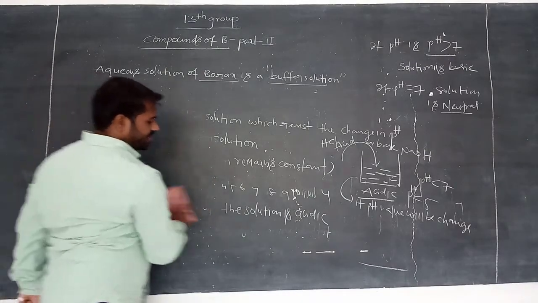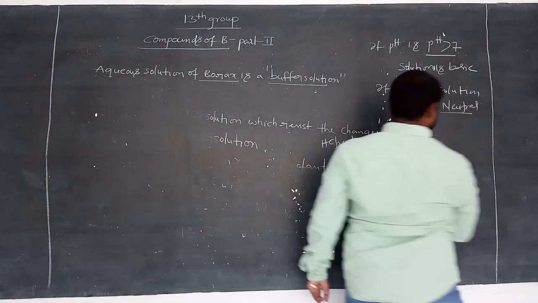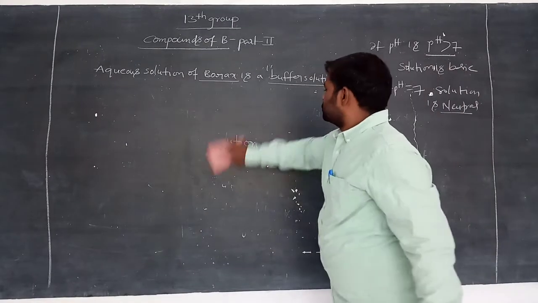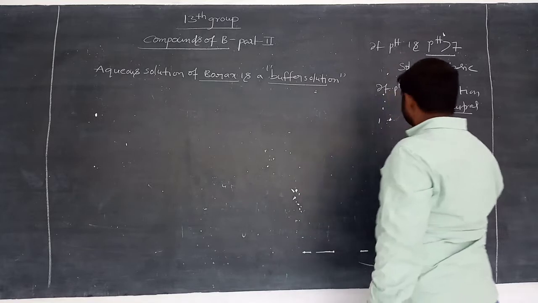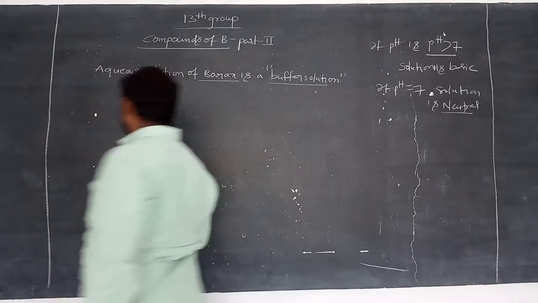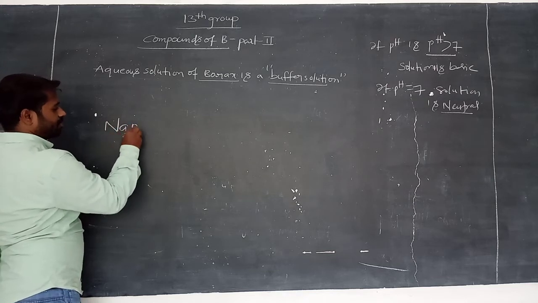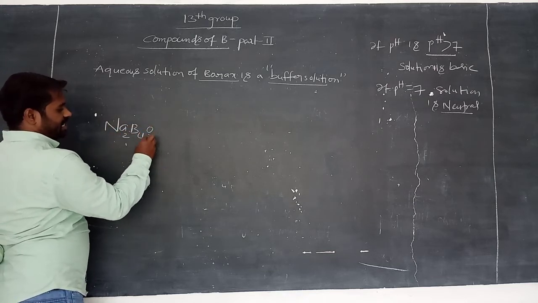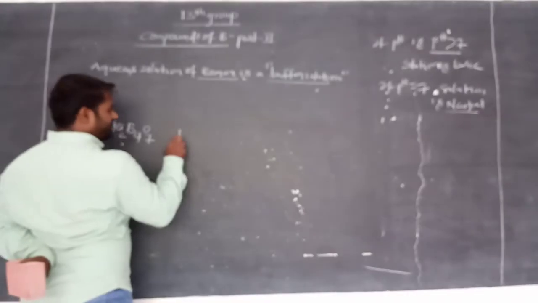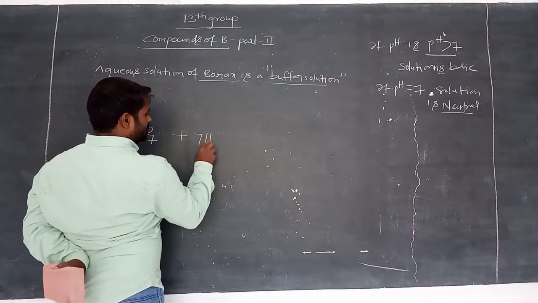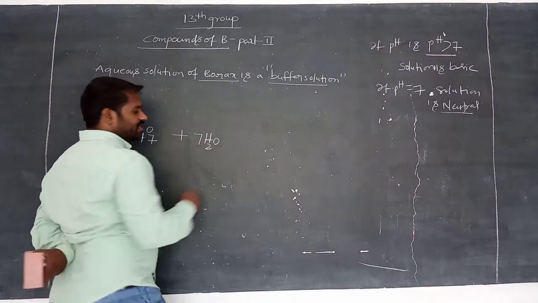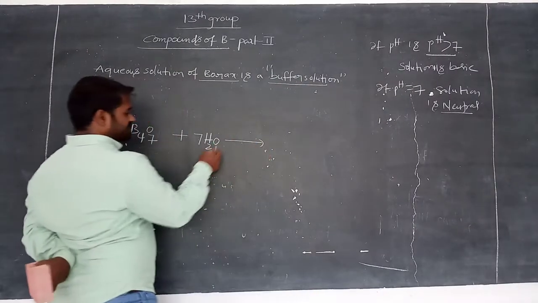So let's see the corresponding equation. So let us take this borax, anhydrous borax, and add 7 moles of water.